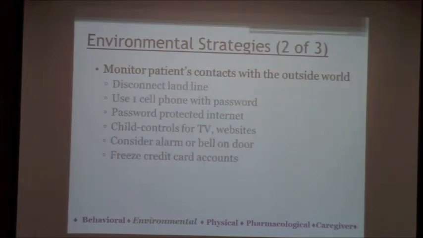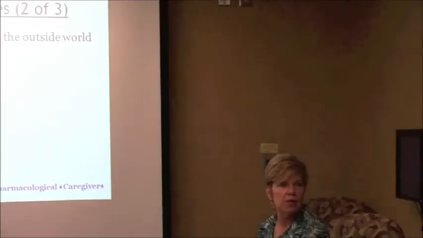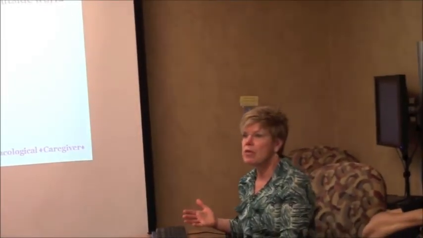These are environmental strategies. Monitor the person's contact with the outside world. These are particularly important strategies because people lose the ability to set protective structures in place. So it may sound like this is the kind of thing you would do for somebody who is 7 years old, you wouldn't leave somebody alone.